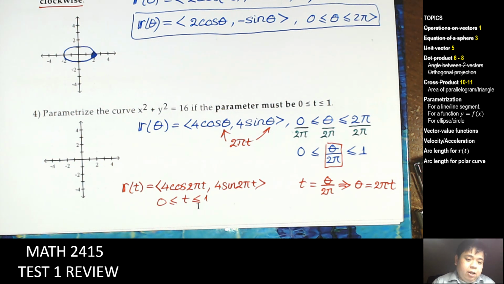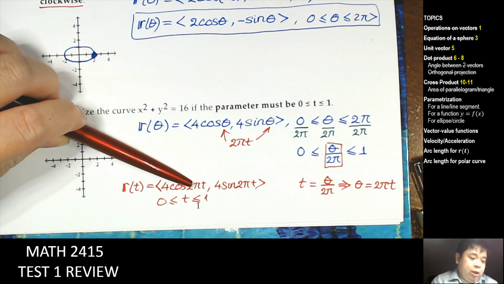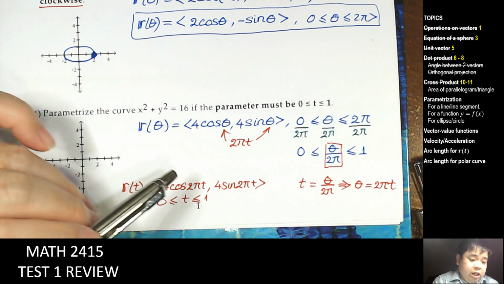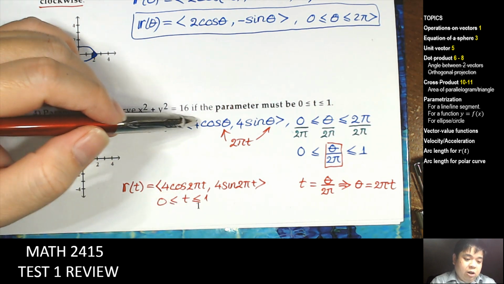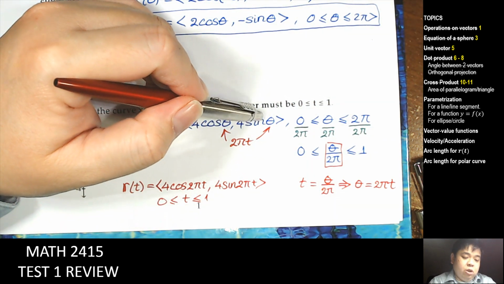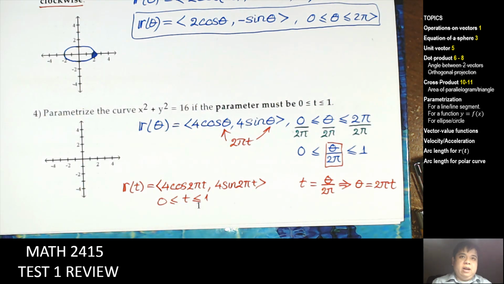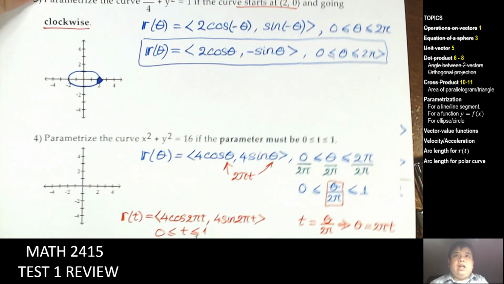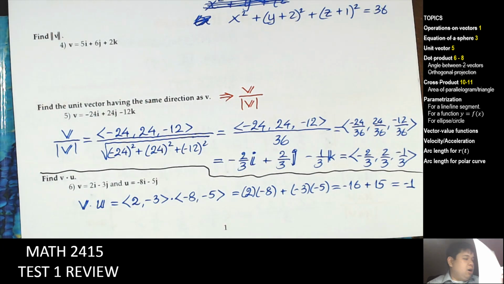Of course we can check quickly. If we put 0 in here, we have cosine and sine of 0. If we put 1 in here, we have cosine and sine of 2 pi. So that's what we have. That is the parameterization of the circle and ellipse.